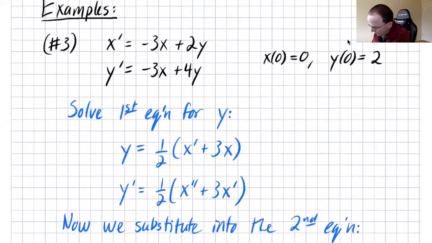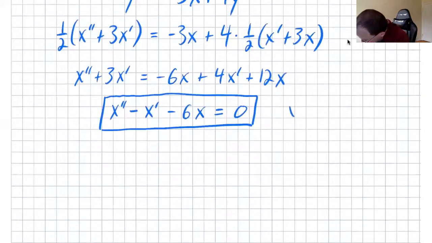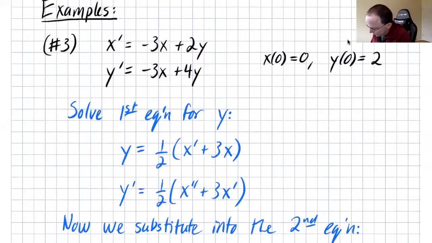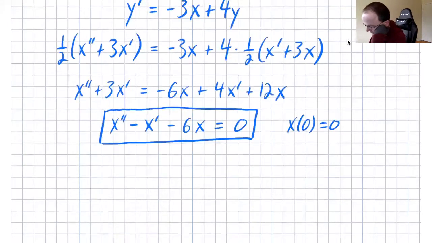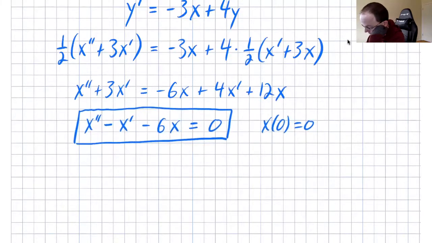And in order to do either method, we have these initial conditions that we need to use. We have x of 0 equals 0, but this y of 0 equals 2, we need to use that to get a second initial condition, because to solve a second order differential equation like this, we do need a second condition.